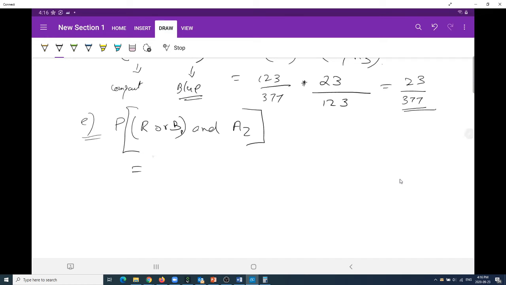So now this is going to be the multiplication rule. I think it'll be easier to think about it in terms of A2.